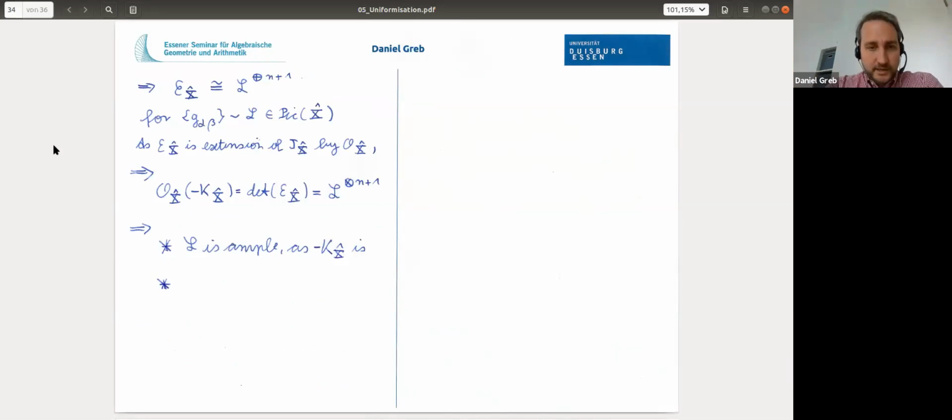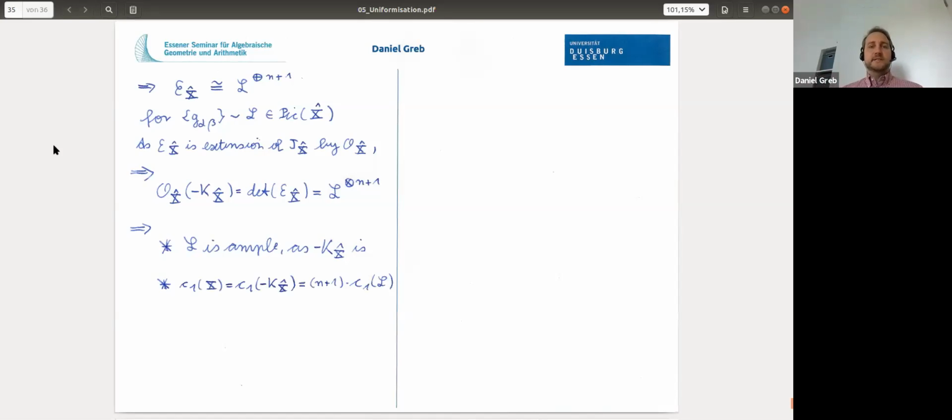This means that minus K X hat is a multiple of L, which means that L has to be ample because minus K X hat is ample.